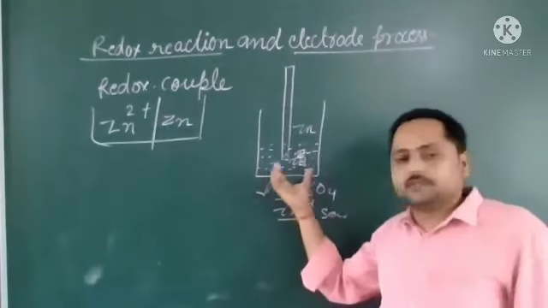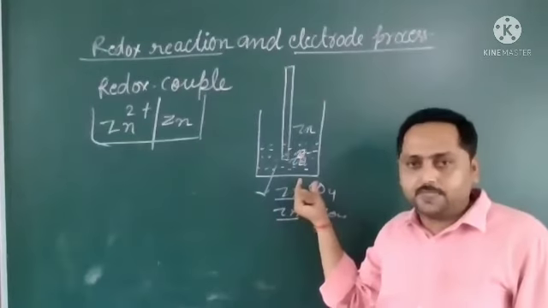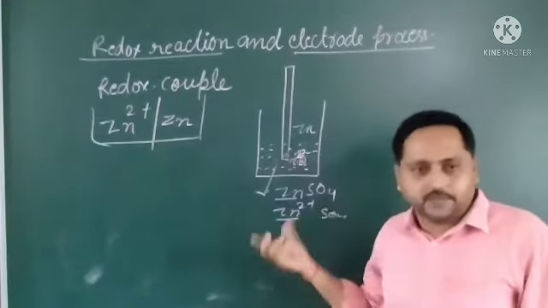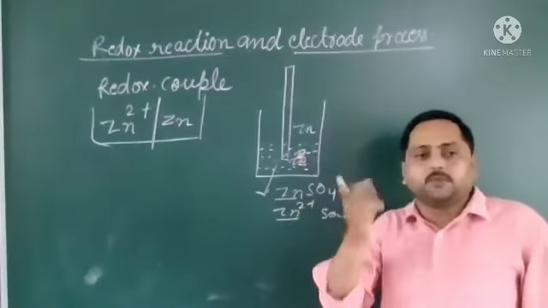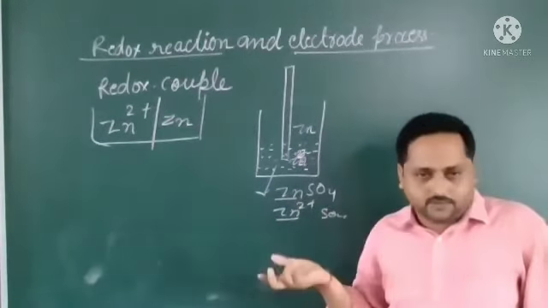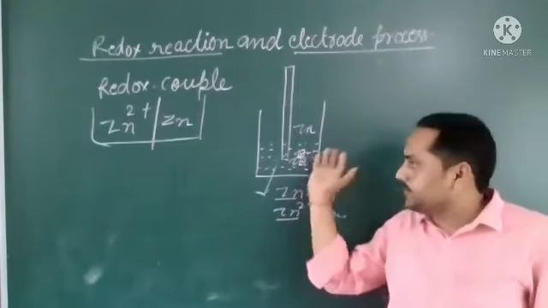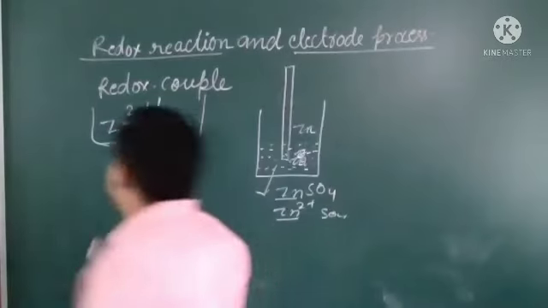I have taken zinc sulfate solution and dipped one zinc rod in it. In this half reaction setup, Zn is present in the Zn 2+ form and in the neutral form. If this is represented like that, it is called a redox couple.